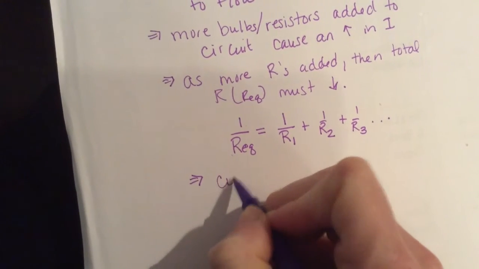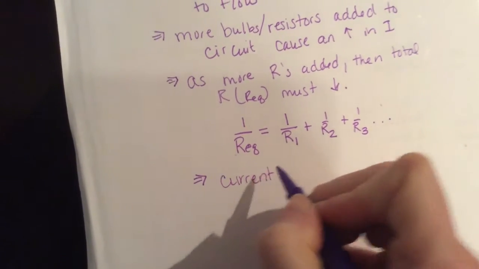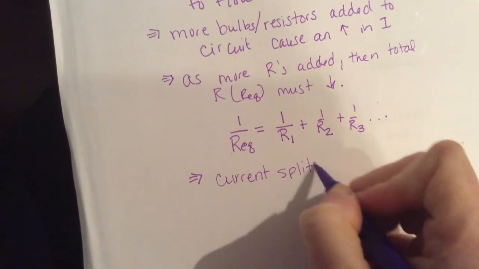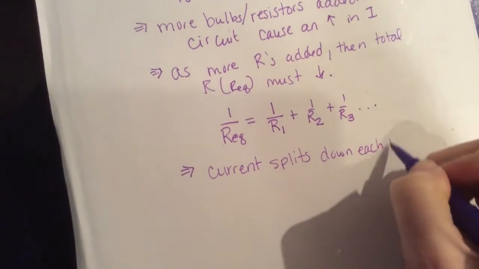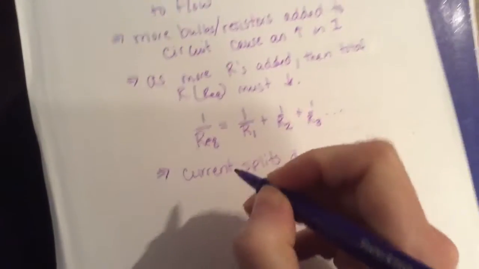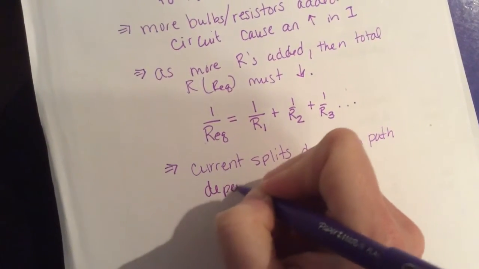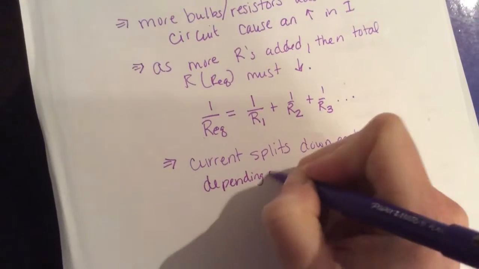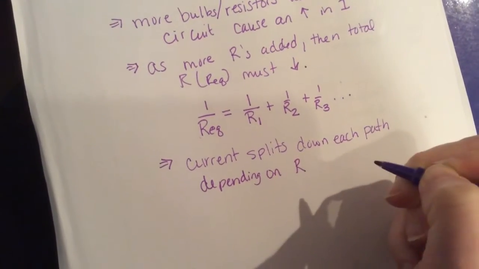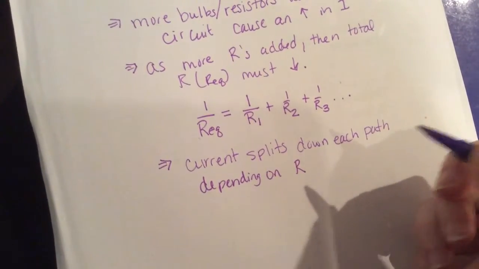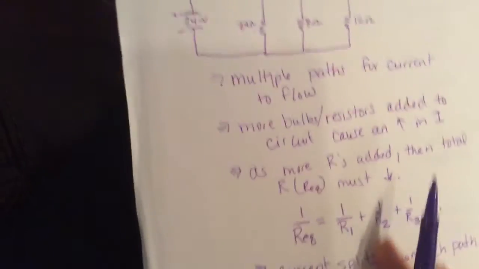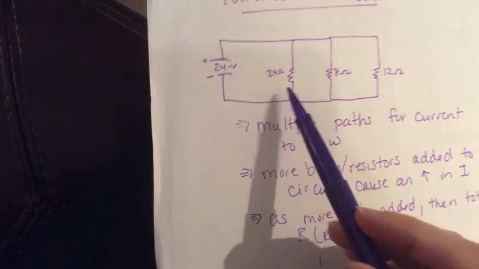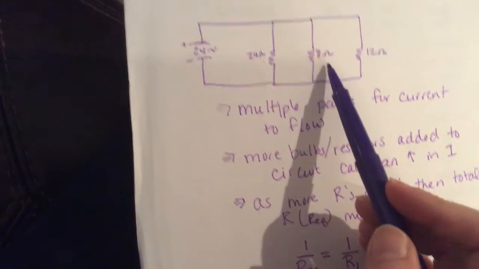So current splits down each path depending on resistance in that path. Because of Ohm's law, the more resistance, like this 24 ohm one up here, the less current is going to go down there versus the 8 ohm.